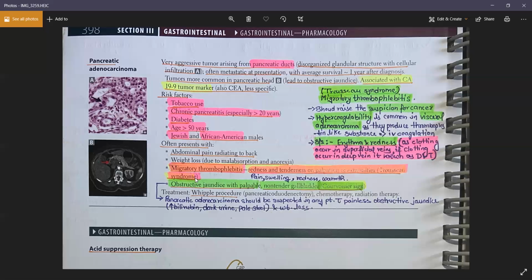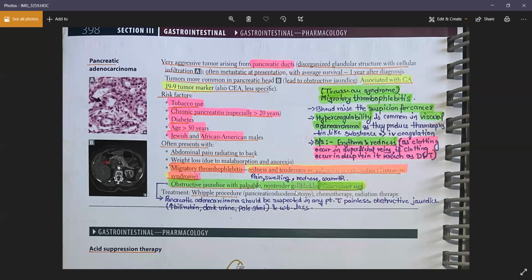But in pancreatic adenocarcinoma, you will have a palpable gallbladder that is painless, not painful. This is an important thing. So whenever you have painless obstructive jaundice, there is a high chance of pancreatic adenocarcinoma. You will have a non-tender gallbladder, which is the Courvoisier sign.